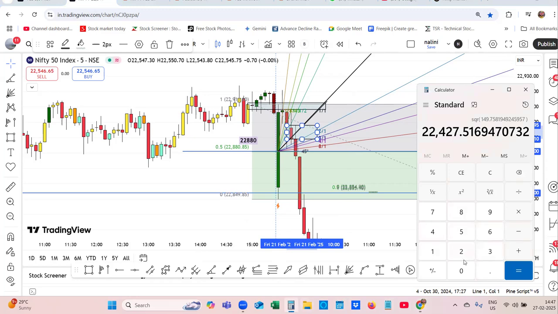Okay, I'm doing the square root. Let me clear this. 22,920, square root, and then I'm subtracting 0.618. That is equal to 150.77. I'm adding it, squaring it.